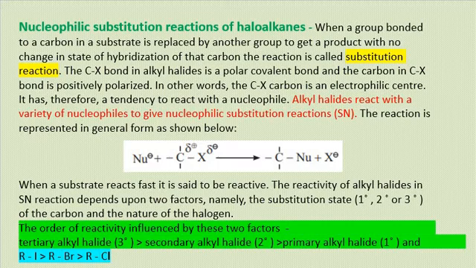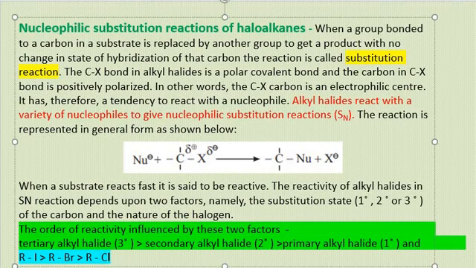So if it is an electrophilic center, that means it has a tendency to react with nucleophile, and alkyl halides react with a variety of nucleophiles to give you nucleophilic substitution reaction, which is denoted as SN. This is the SN sign which represents the nucleophilic substitution reaction.